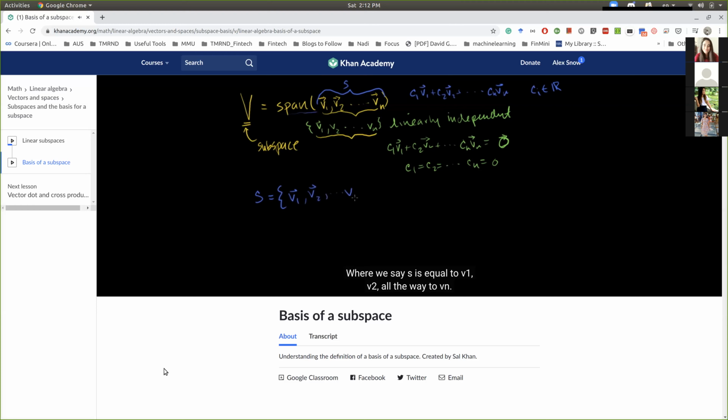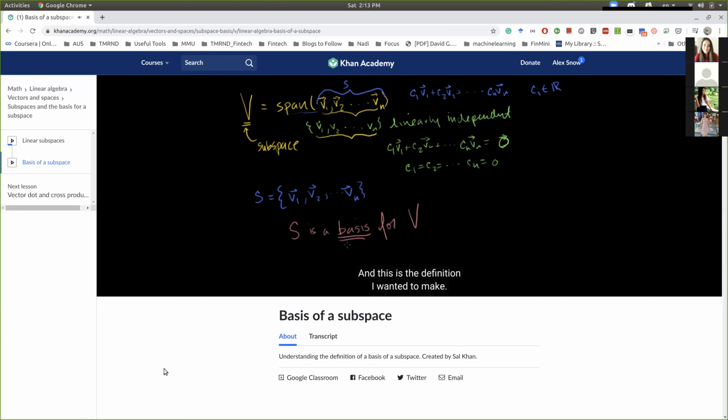We can then say, and this is the punchline, that the set S is a basis for V. And this is the definition I wanted to make.